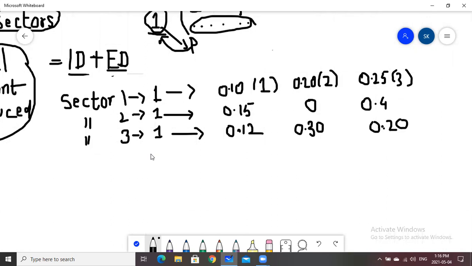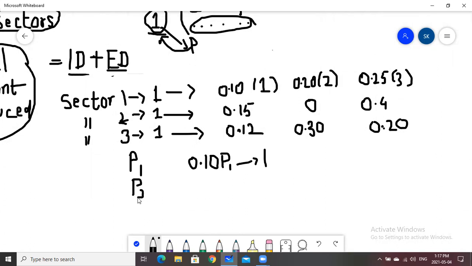To produce P1 units of product 1, it requires 0.10 P1 units of product 1. Now to produce P2 units of product 2, you should be careful about what we are concerned with here.